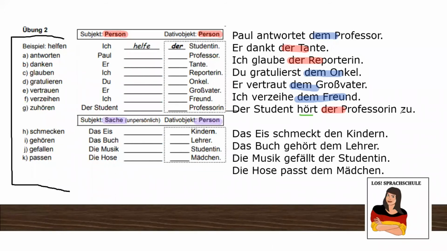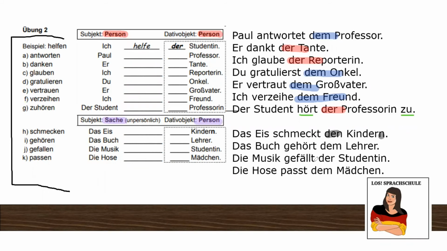And here we have an opening verb. Just saying. This was the first part. Now we have subjects that are impersonal. Let's read that. Das Eis schmeckt den Kindern. Schmecken is a funny verb. It's really hard to translate. We would say in English, the ice cream tastes good to the children. Den Kindern, plural.